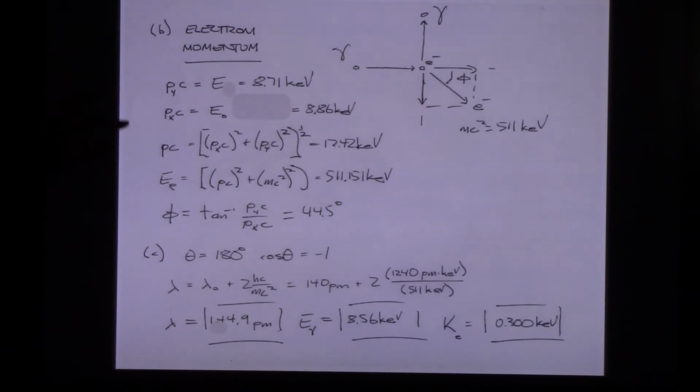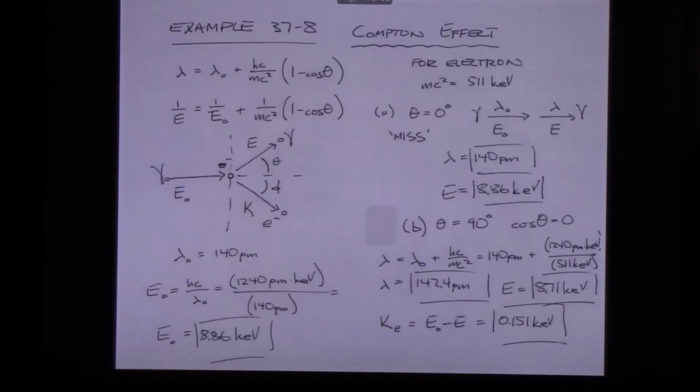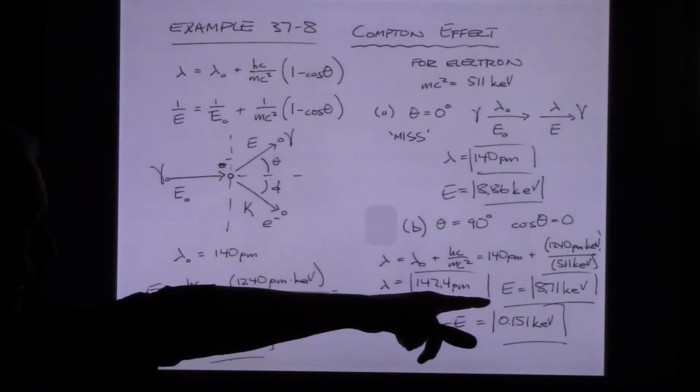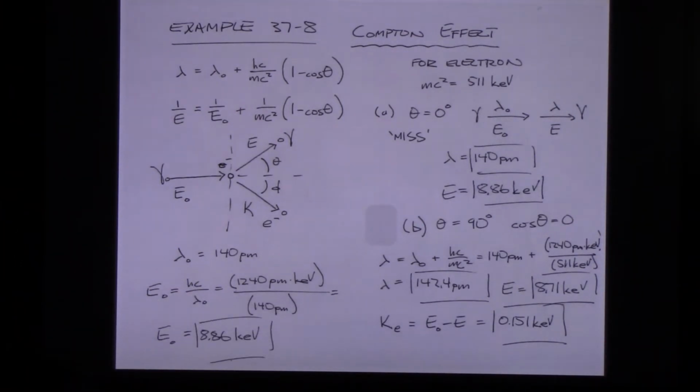So what I did was I calculated the momentum of the electron. First of all, I got its y component. Now, if we go back to the previous page, what we can do is see that this photon leaving left with 8.71 keV.